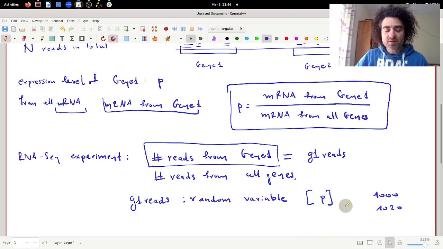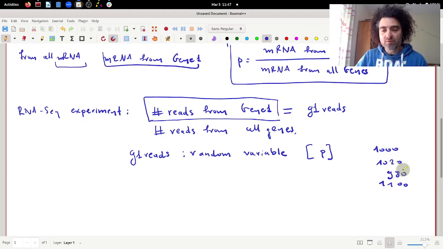If you repeat the experiment, you might find 980 reads for gene 1. If you repeat the experiment, you might find 1100 reads for gene 1, and so on. So repeating these experiments, even though the expression level of gene 1 is the same, the real expression level is P, you don't find the same reads between replications, just because the number of reads is a random variable.